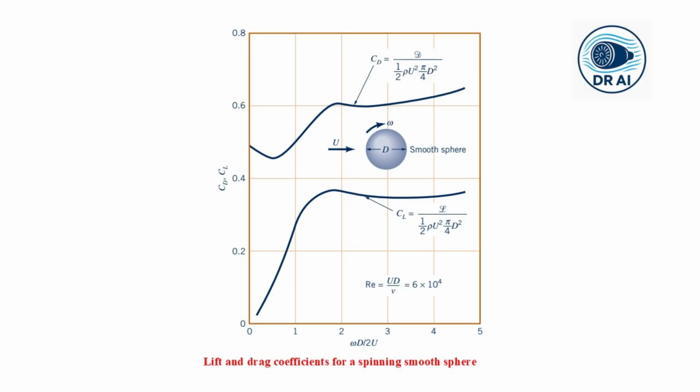This particular figure shows lift and drag coefficients for a spinning smooth sphere as a function of the spin parameter, which is omega d by 2U. The lift coefficient increases with spin rate: more rotation, more circulation, more resulting lift coefficient. The drag coefficient, interestingly, is relatively insensitive to spin.